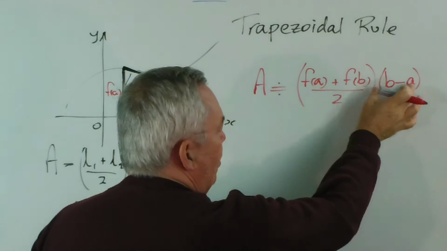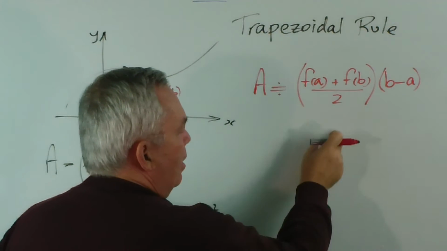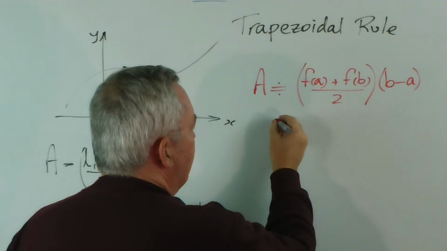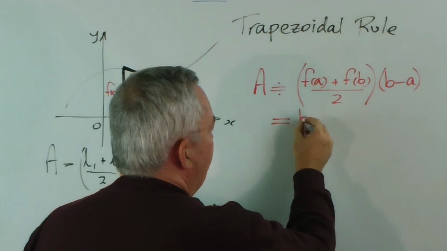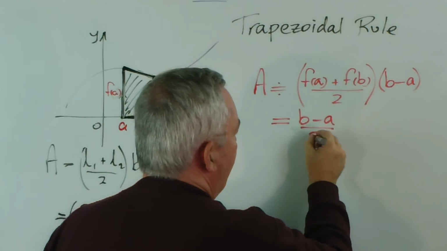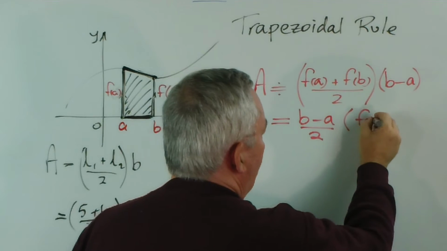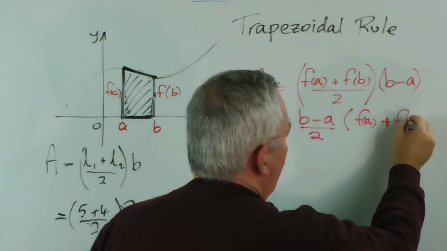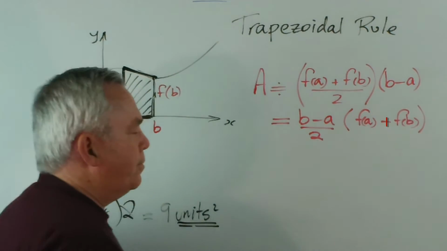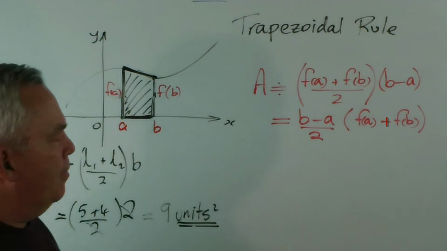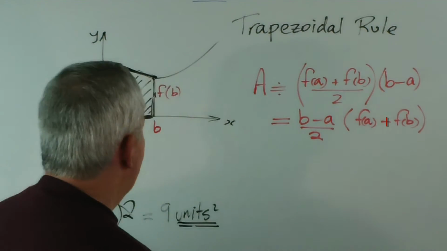With some textbooks you'll find the B minus A in front, and some of them will actually have the 2 under it, so you'll see something like this. So that's using your function values.